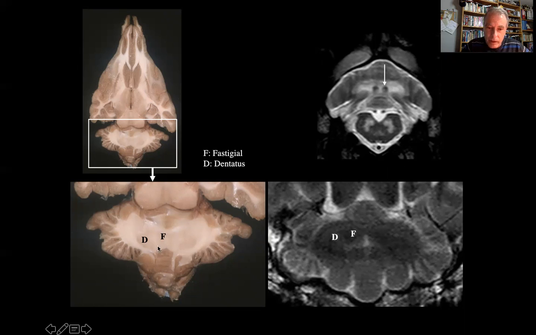So we'll focus here, and you see these brownish areas that correspond to cerebellar nuclei, the fastigial and the dentate, right? And also on MRI, we should say that in this area, we should have these cerebellar nuclei. This is a special case because it has a degenerative process that allows us to see these nuclei here that correspond to the fastigial nucleus of both sides, right here.